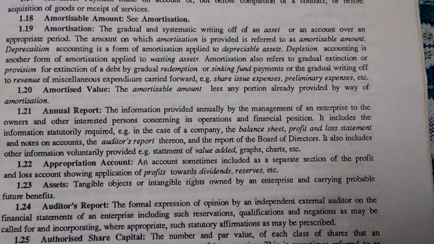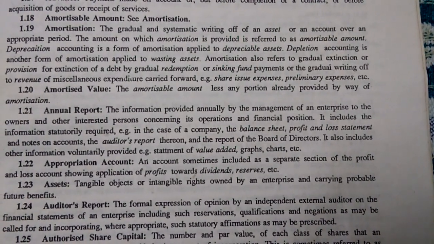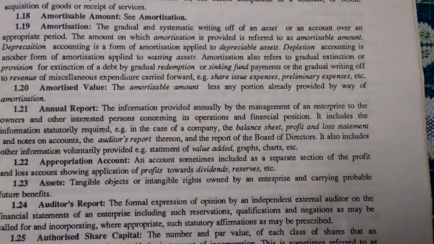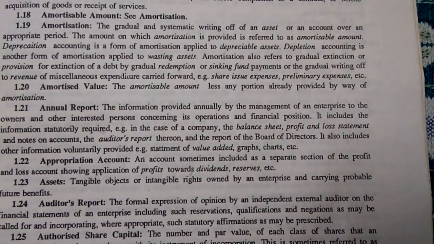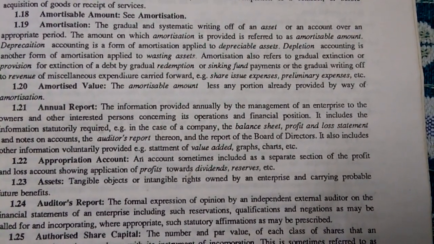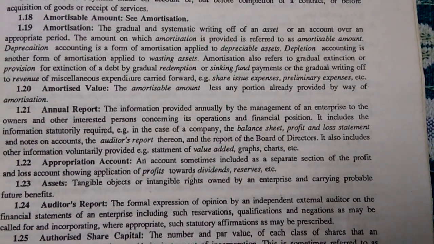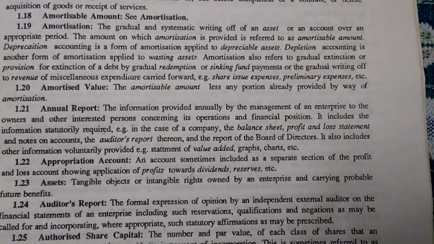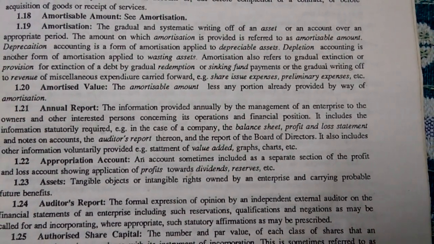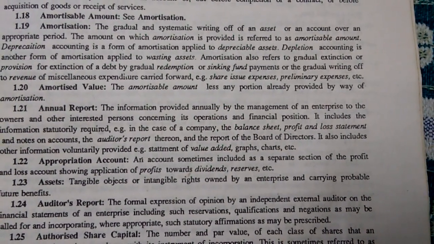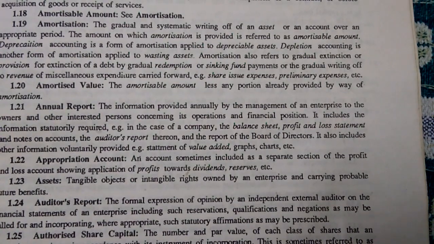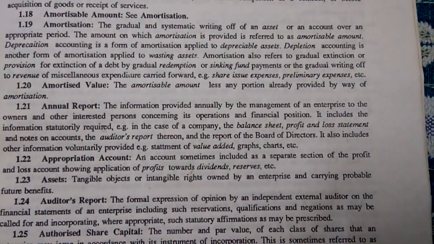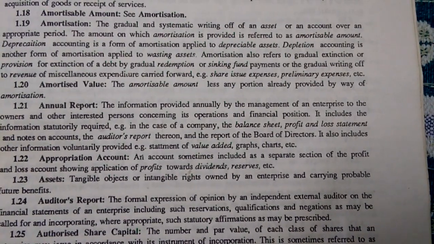Depletion accounting is another form of amortization applied to wasting assets. Amortization also refers to gradual extinction or provision for extinction of a debt by gradual redemption or sinking fund payments, or the gradual writing off to revenues of miscellaneous expenditure carried forward.